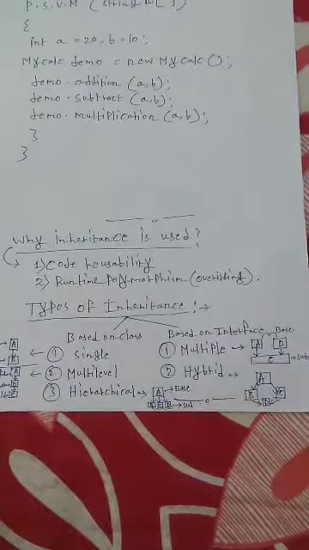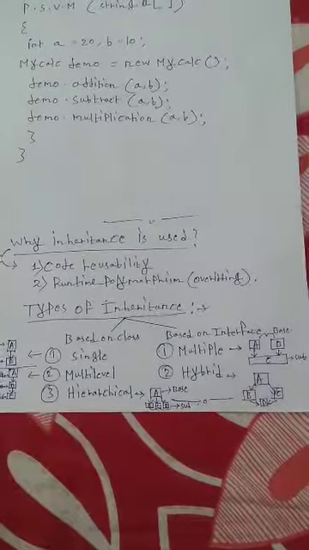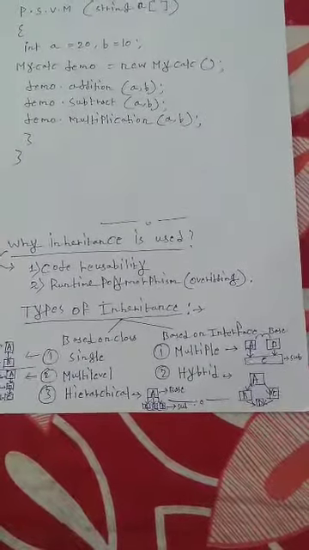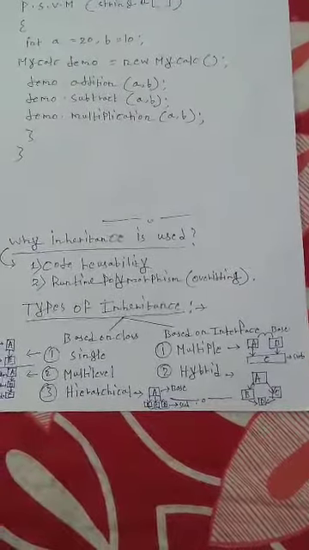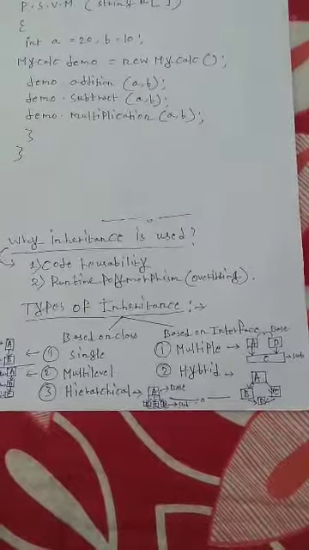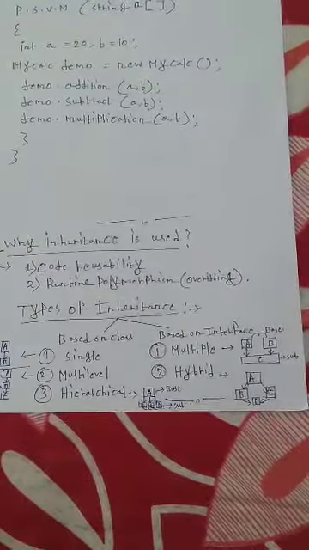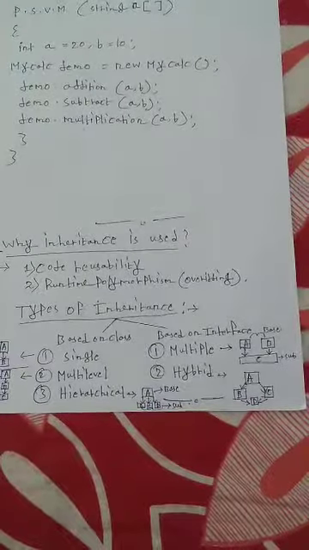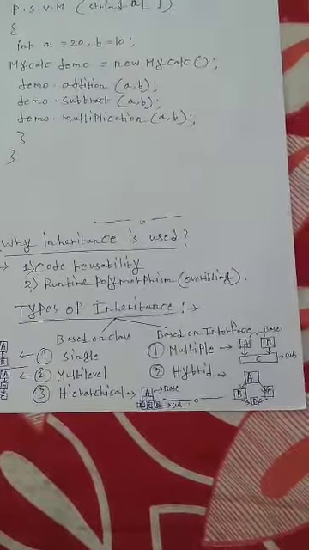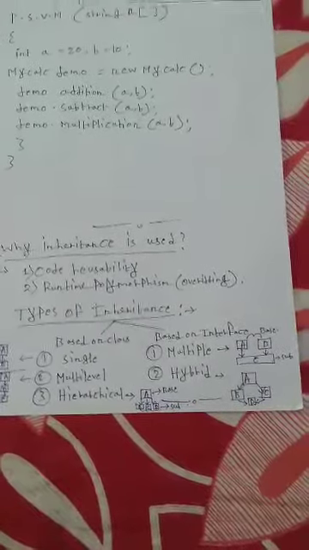So in this picture, hierarchical inheritance and multiple inheritance can be mixed, or multi-level inheritance and hierarchical inheritance can also be mixed, or multiple inheritance and multi-level inheritance can also be mixed.